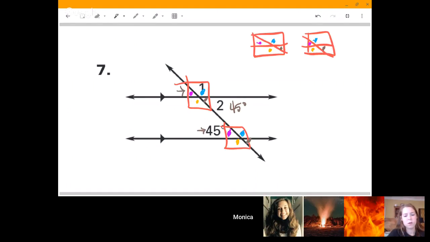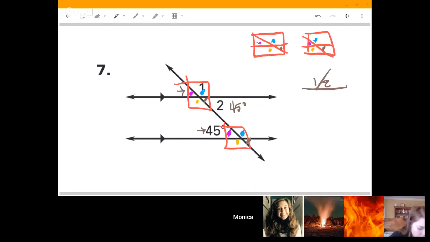So Charlotte Ann, if the two angles for 1 and 2 looked like this, what kind of angles are those? Yeah, they're a linear pair.